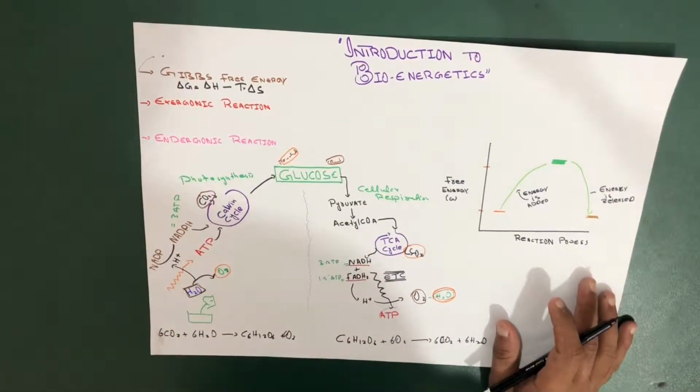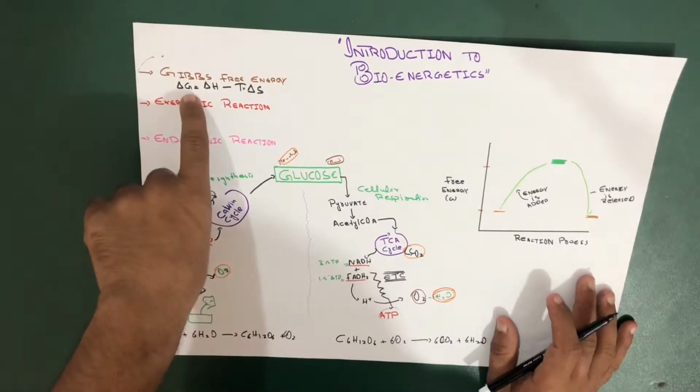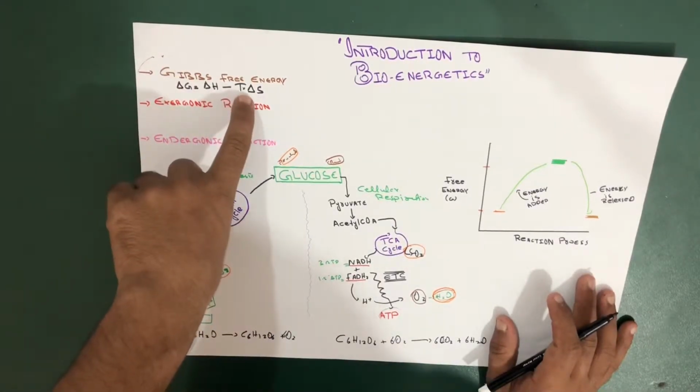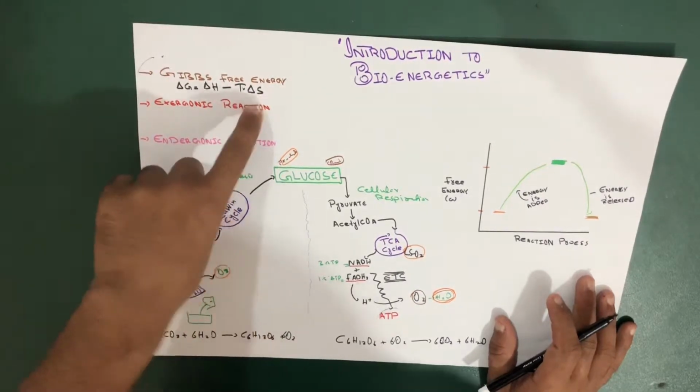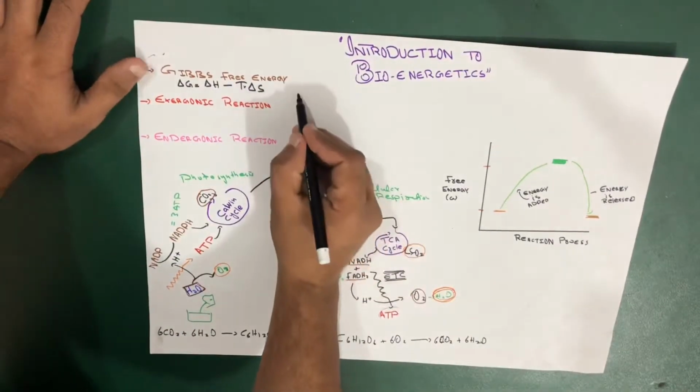In this formula, G is the Gibbs energy, H is the enthalpy, T is the absolute temperature, and S is the entropy.